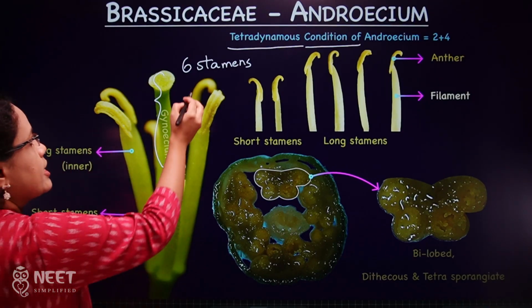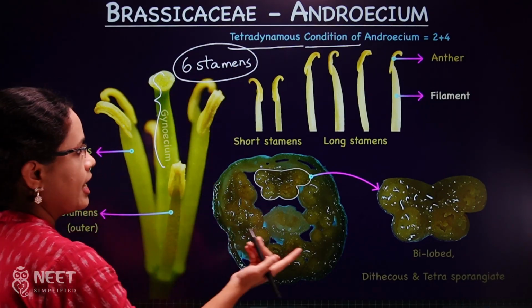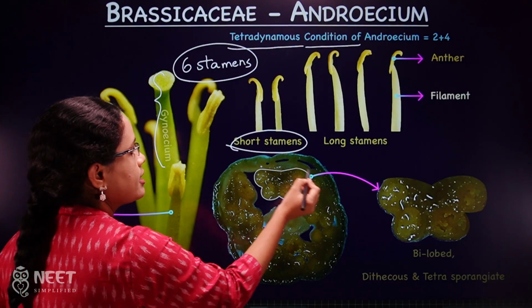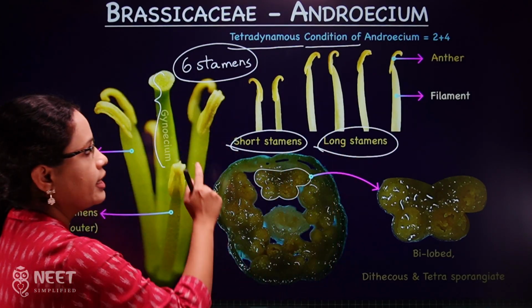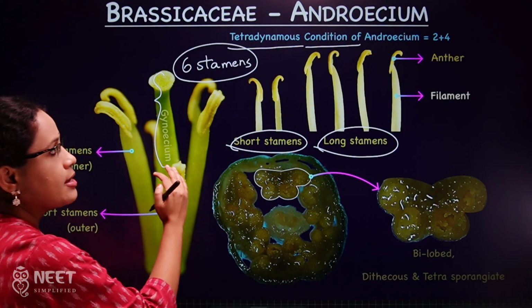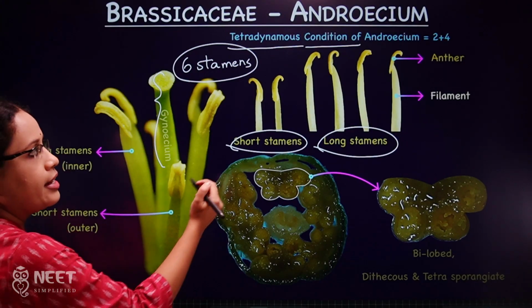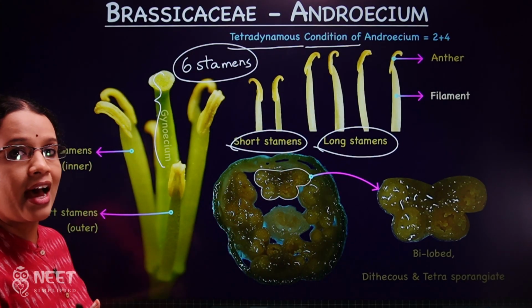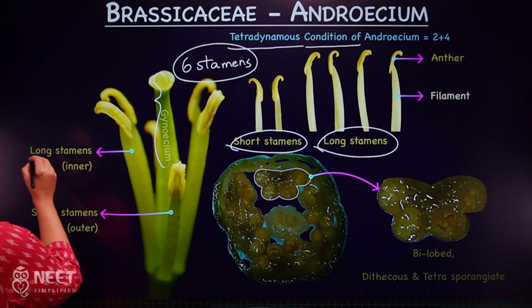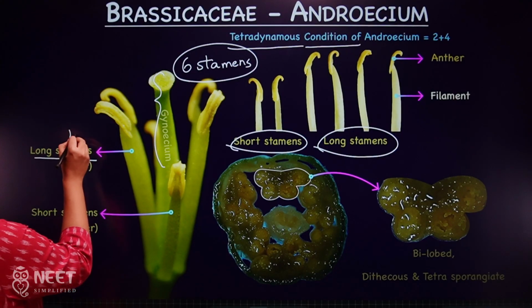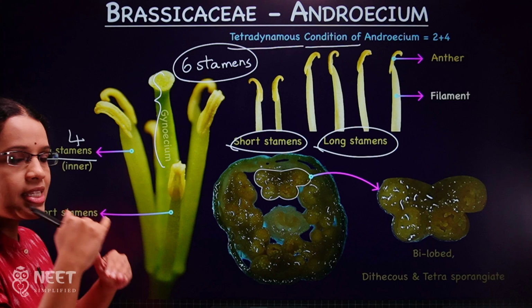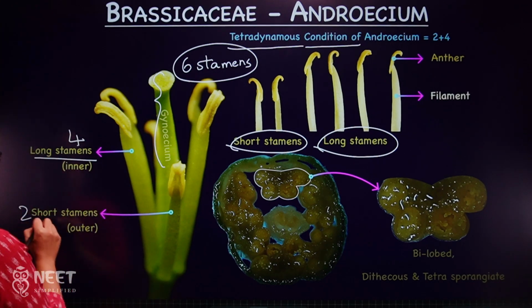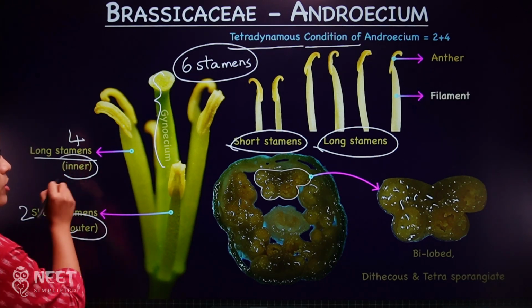Now coming to the 6 stamens, there is a speciality here. 4 are long stamens and 2 are short. These are the stamens when we separate them from the Gynoecium. But when they are in the flower, when they are arranged, you will see that there are 4 long stamens towards the inside and 2 short stamens towards the outside.